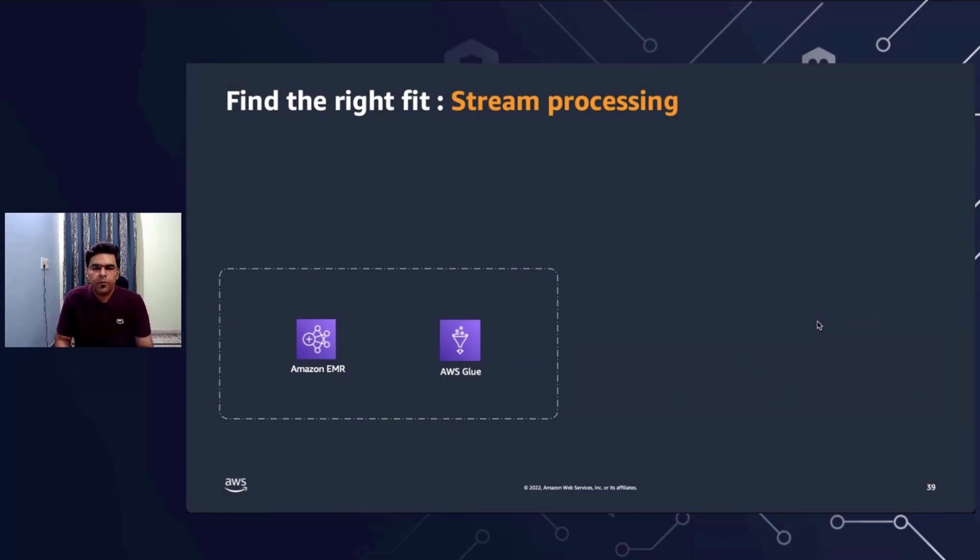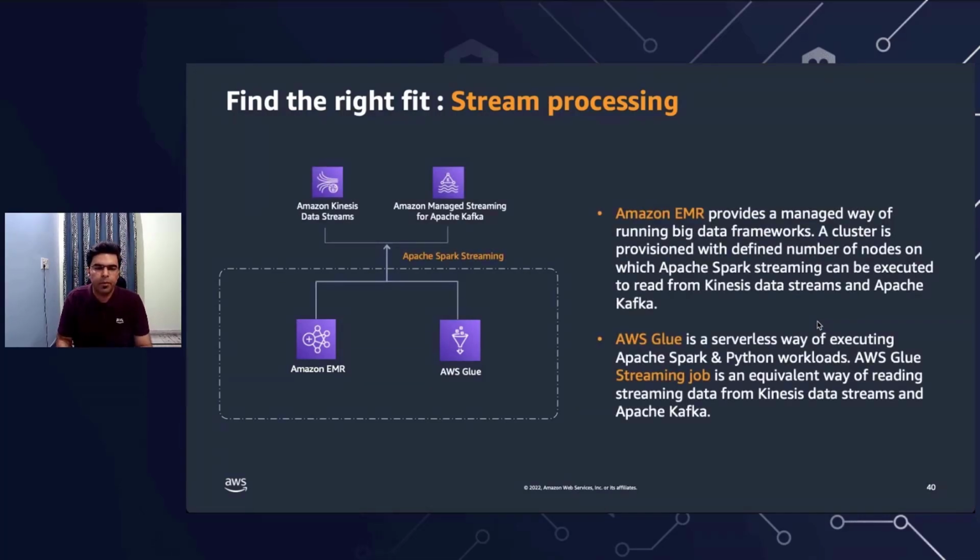Another way of processing streams is via the Spark Streaming project. Apache Spark provides libraries for streaming data use cases, which can be part of your Amazon EMR or AWS Glue jobs. Essentially, Amazon EMR is a managed way of running big data workloads in which you will provision a cluster.